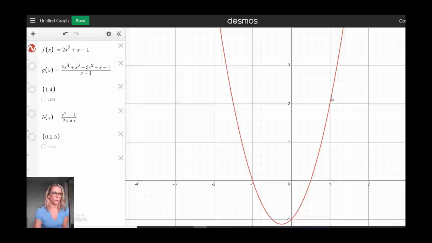As we come in, notice we go down, coming up, we hit that value of 2. So it makes sense using the numerical methods that this is what we get. Because quadratics are smooth and continuous, as we approach 1 from the left and right in the x direction, we're approaching 2 in the y direction.